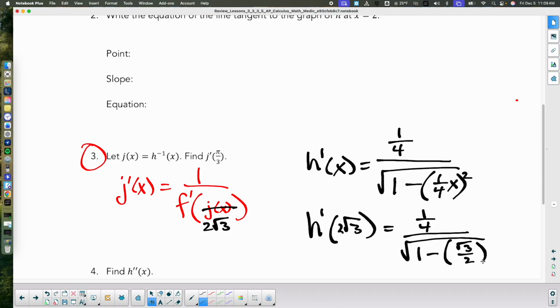Actually, this is the exact same problem we just did right before, wasn't it? Except for the 1/4 on the top. So the square root on the bottom is going to equal 1/2. So I've got 1/4 divided by 1/2, which would give me an answer of 1/2. So 1 over 1/2.